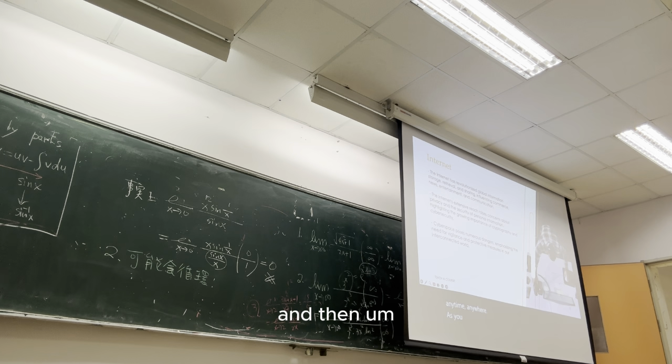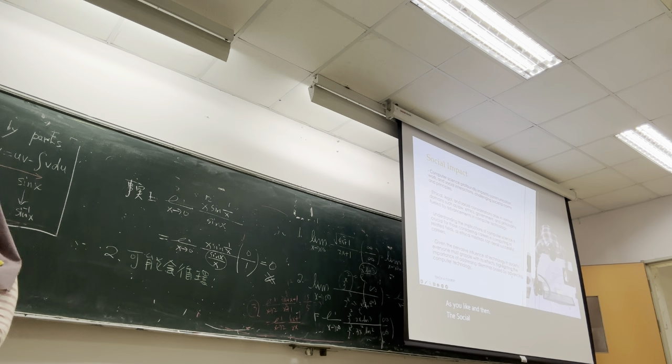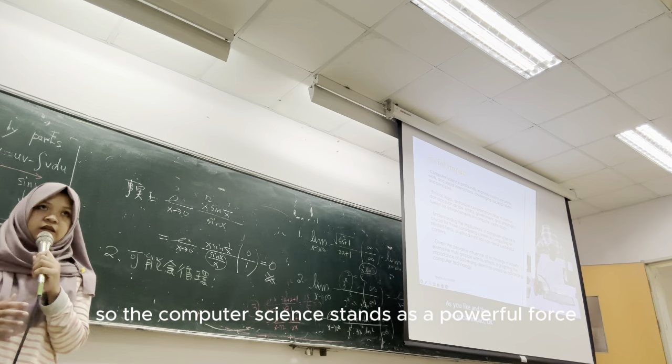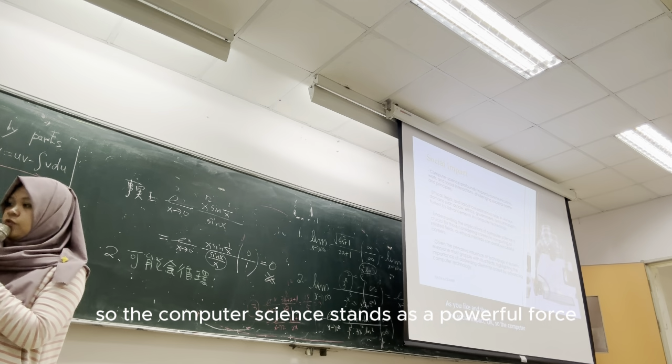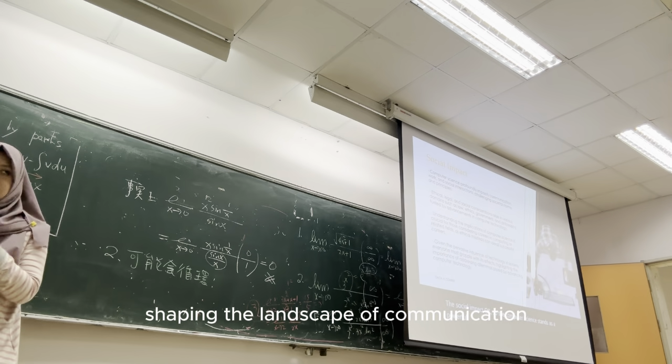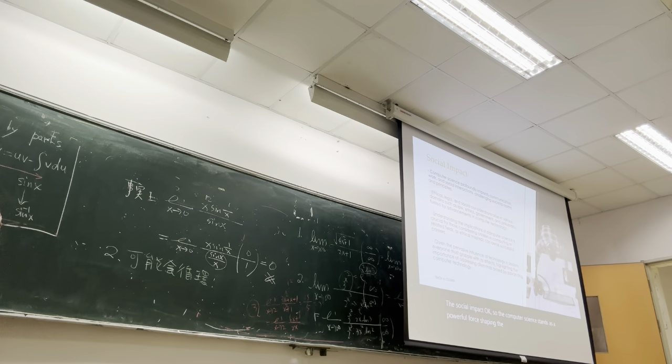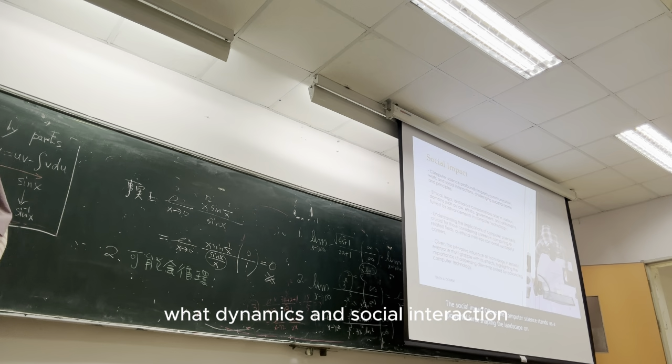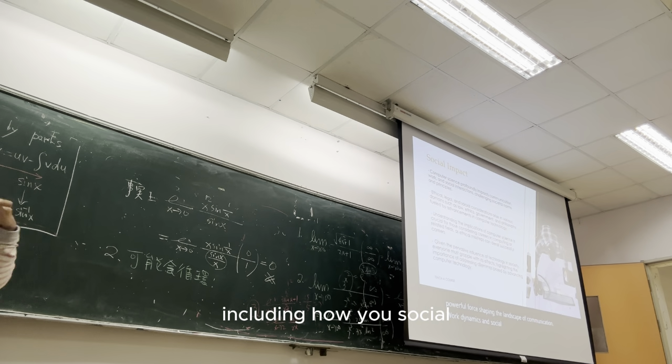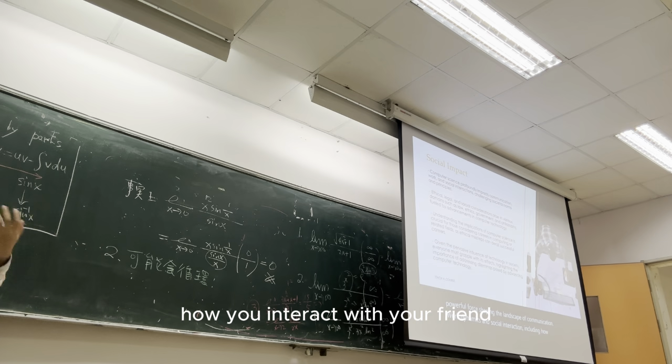And then the social impact. Okay. So computer science stands as a powerful force shaping the landscape of communication, work dynamics, and social interaction, including how you interact with your friends.